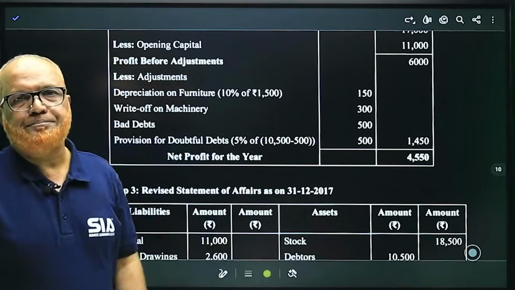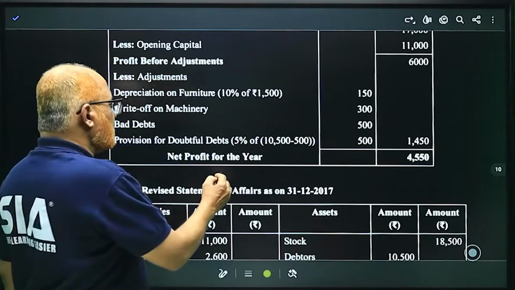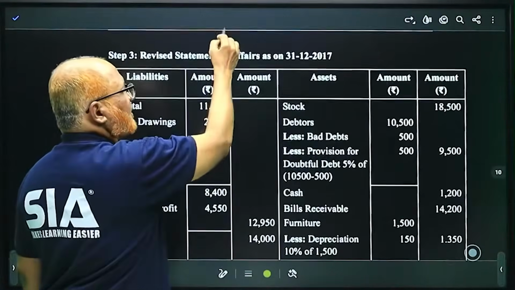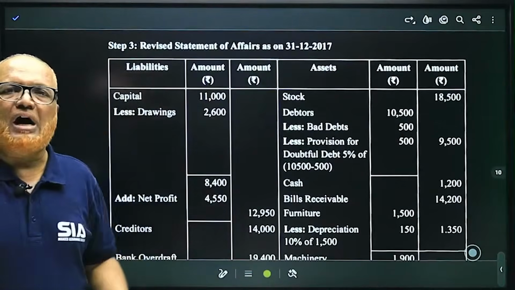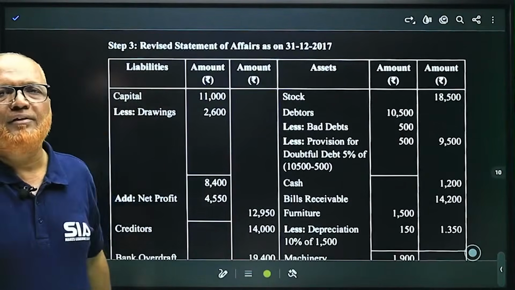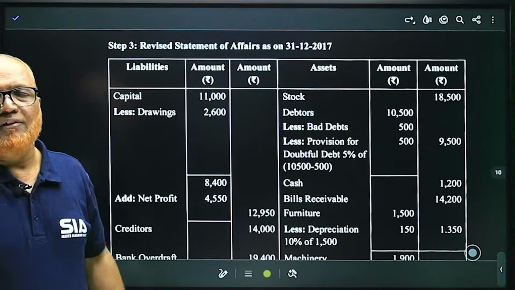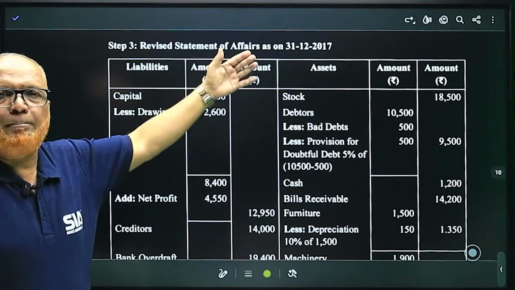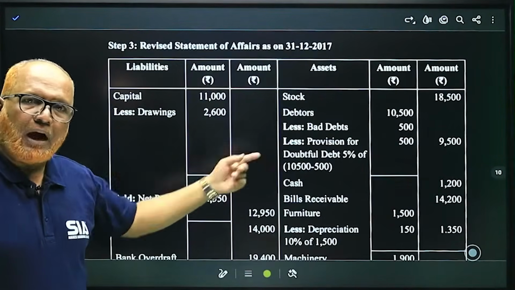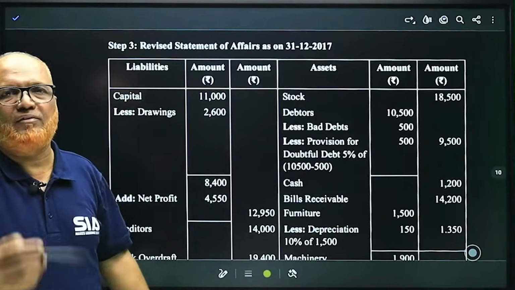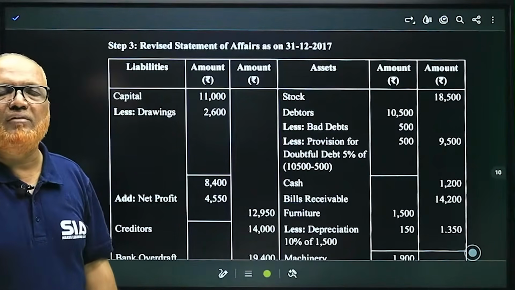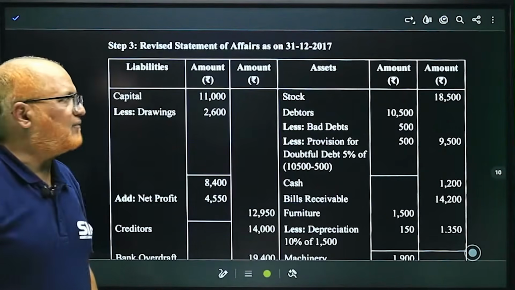Part completed. Now we have to find out the revised statement of affairs. Revised means after adjustment we have to make the statement of affairs. The statement of affairs we prepared earlier was without adjustment; now we will prepare it after adjustment. That is called the revised statement of affairs.